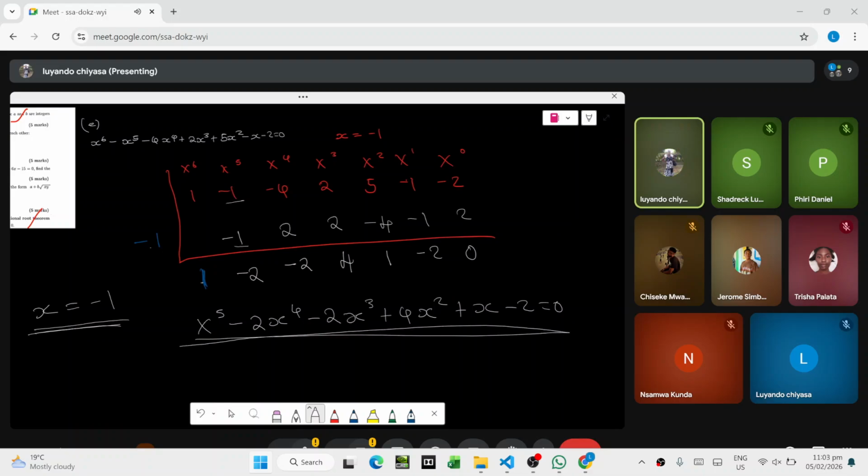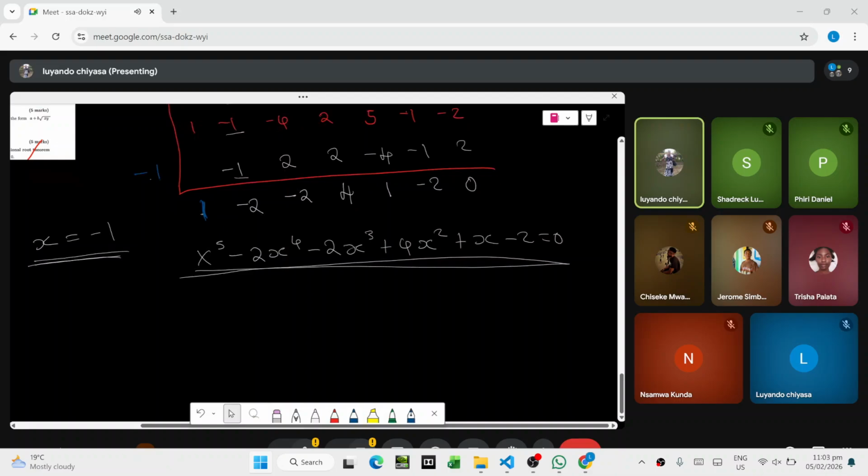So we have remained with this, and what we need to do here is repeat. This means we have 5 possible factors, and we have to use the rational root theorem again to find the possible factors for the new equation, and then do it 5 times. But we use the factor theorem again.